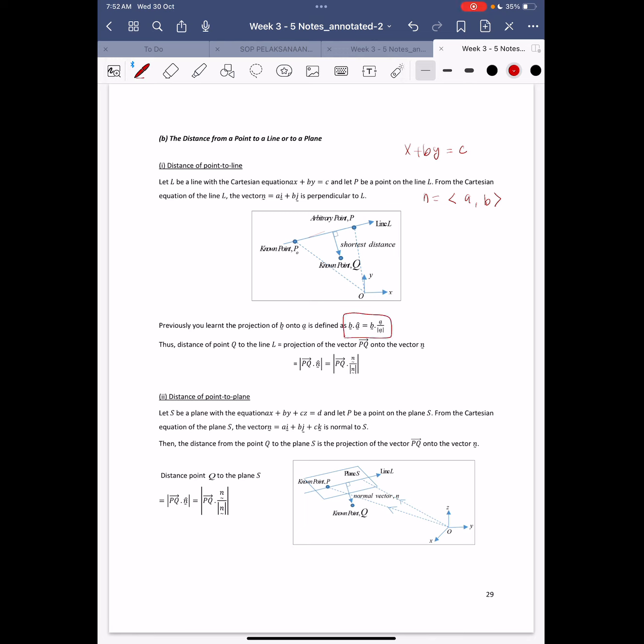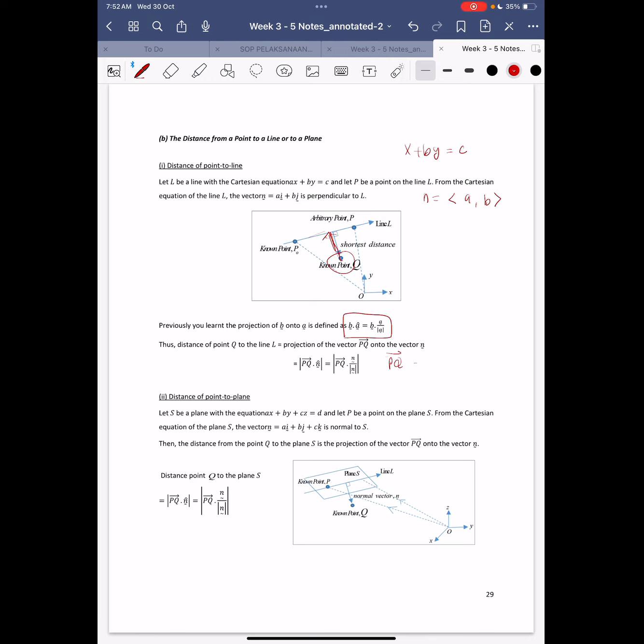So we can use the same concept to find the distance of point Q here to the line L. We can use the projection of the vector concept. We project this point to this line. So given by that is vector PQ.